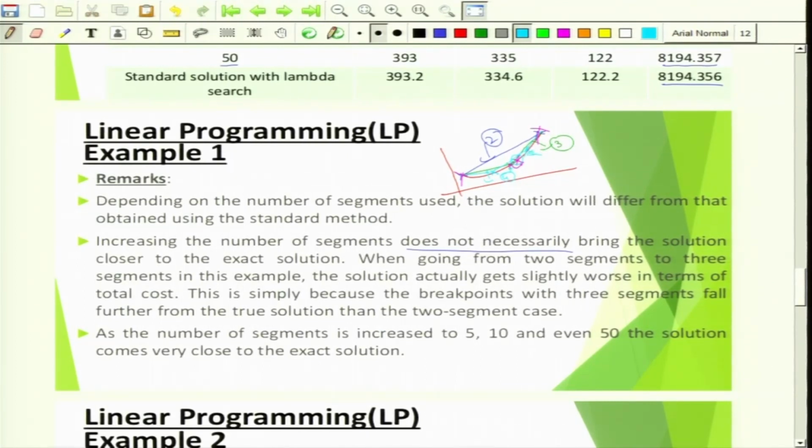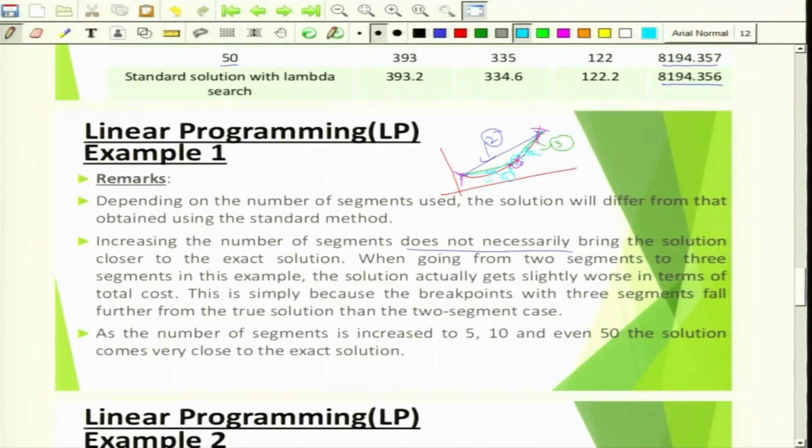This is far away from the actual true solution. That may be closer to the case where the solution was obtained using just two linear segment analysis. You understand, no? It depends upon where your solution lies, and if you further increase, it may be even closer or even farther.